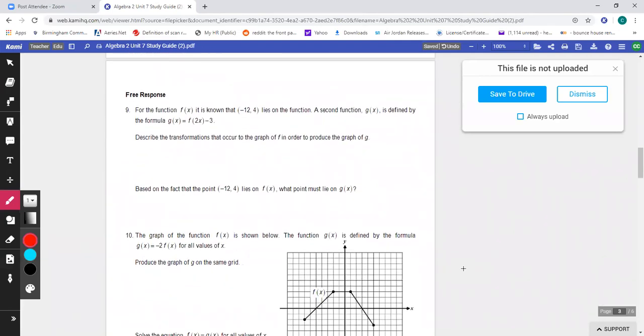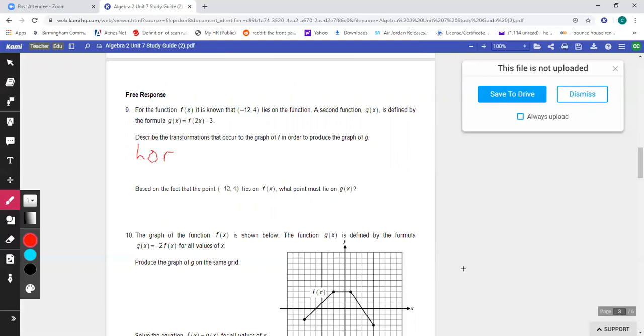So number 9, for the function f of x, and it's defined by this formula, we have to describe the transformations. So there is a 2 attached to the x, so that's a horizontal. Now that's a horizontal compression, because remember, it's kind of reversed on the inside. If the number is bigger than 1, it's actually compression when it's on the inside. Review your transformation rules.